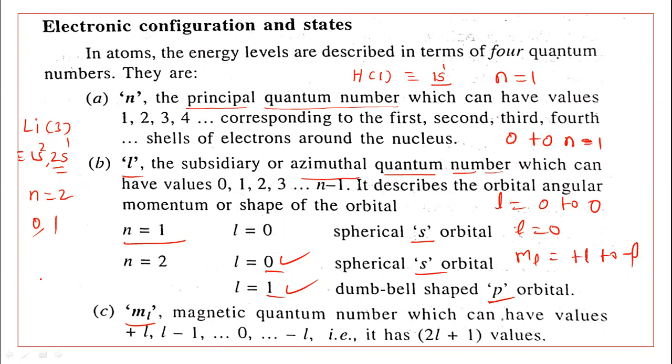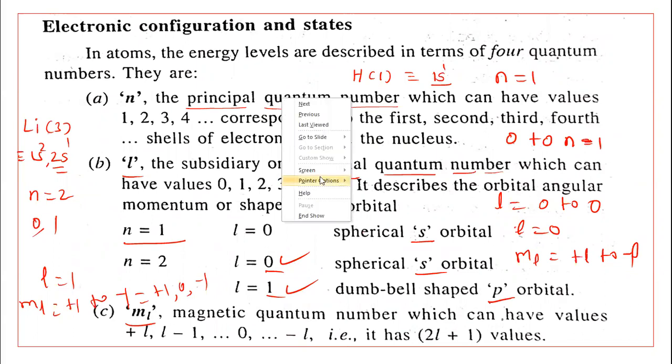Then ML has the values plus L, plus 1, to minus 1. So plus 1 to minus 1 means there are three values: plus 1, 0, minus 1. So the magnetic quantum number has a total of twice L plus 1 values.